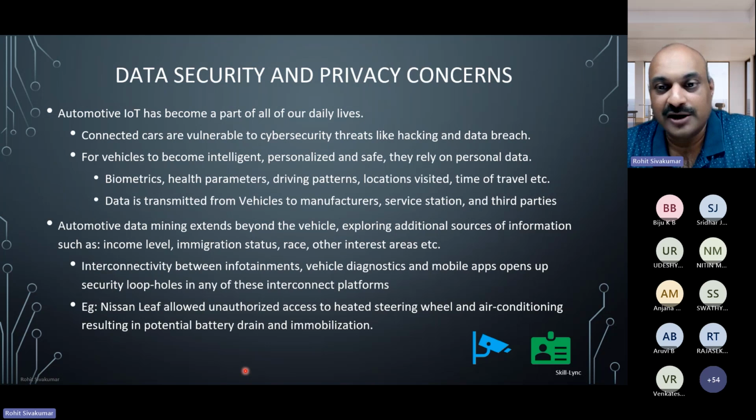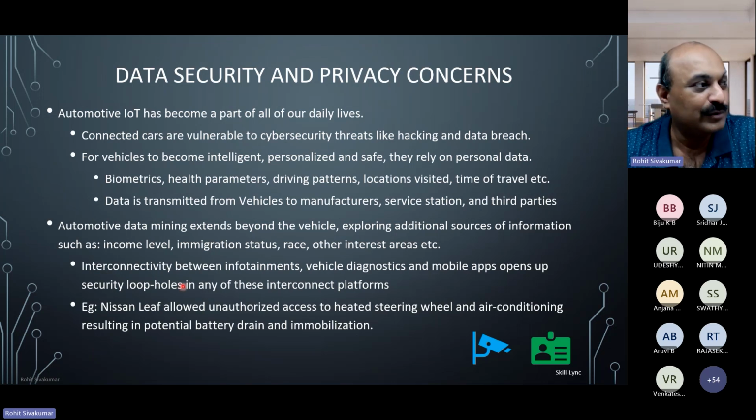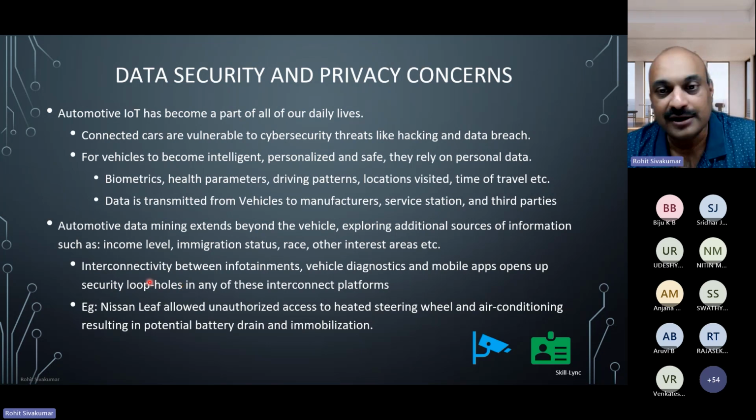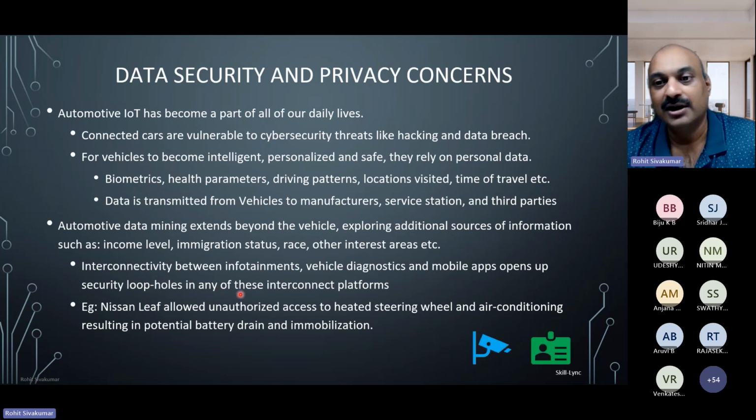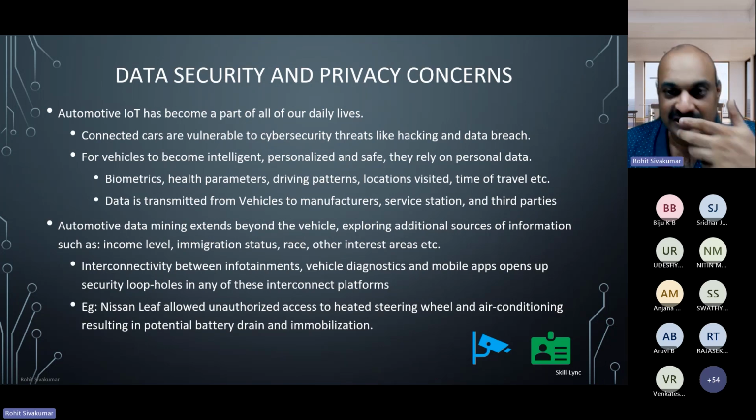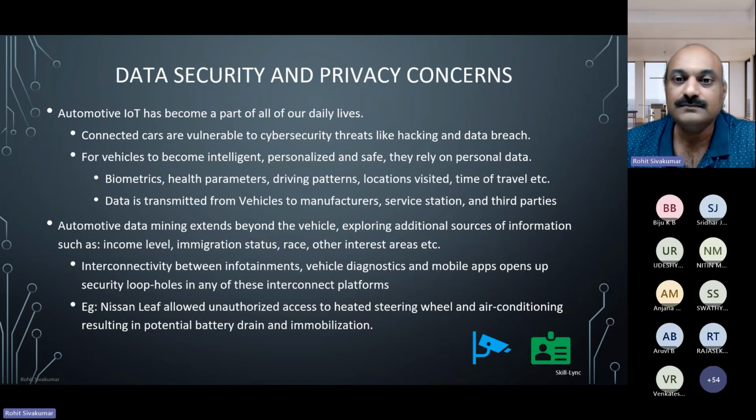Imagine your car getting immobilized because the complete battery drains off while you are traveling somewhere, and you are stuck in the middle of nowhere. Those are things which have to be taken care of when you are connecting data from your car infrastructure to the cloud and taking it back, because there are so many people involved in this entire ecosystem. So you have to be really careful of what you share and how you are going to process it when you, as an automotive engineer, are offering these services.